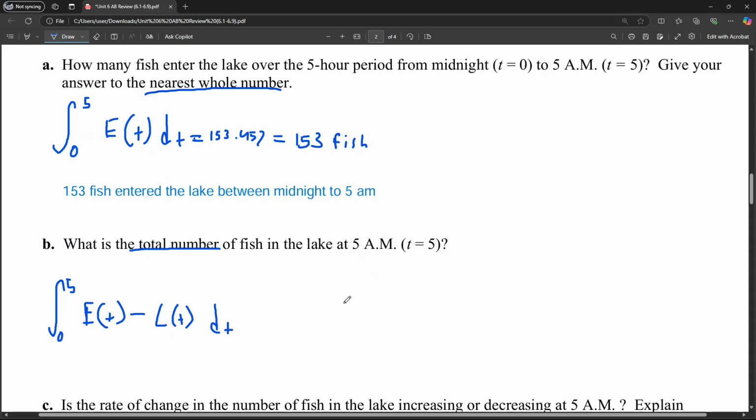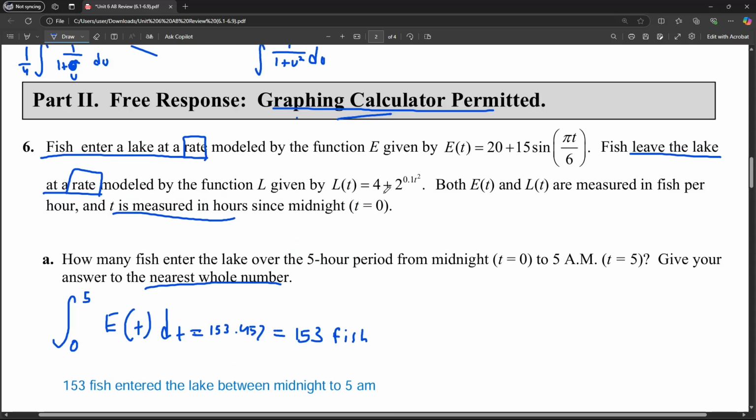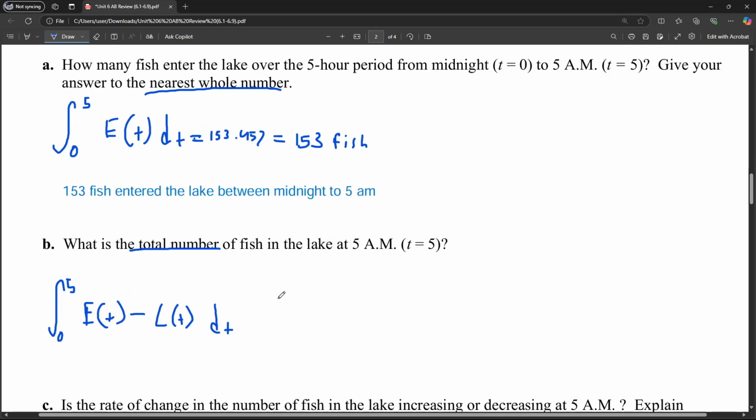So let's see what happens when I do that. So I'm going to do 0 to 5, 20 plus 15 sine pi x over 6, and then I'll do minus 4 plus 2 to the 0.1 x squared, and then dx, and then you should get 123.163.